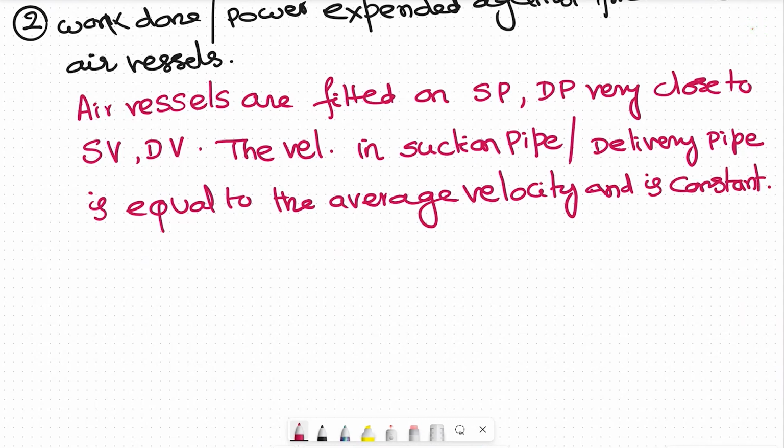There are no fluctuations. If that is the case, what is the mean velocity?